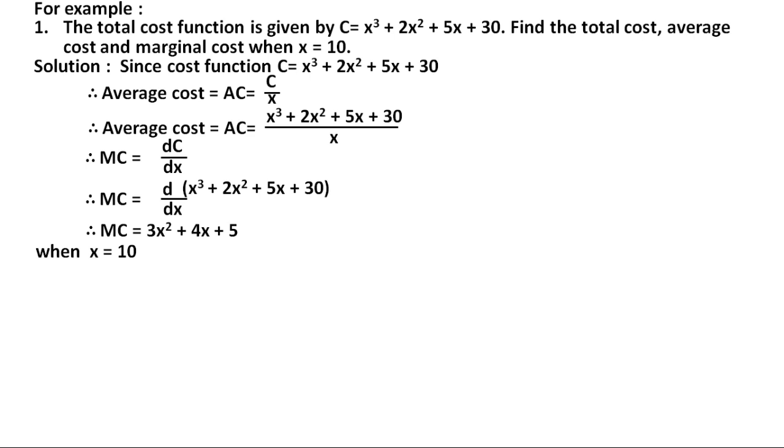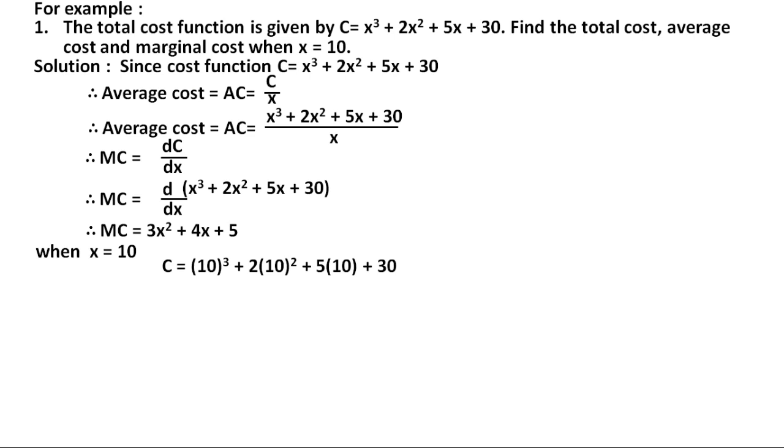When x items are produced, the total cost is, put the value x is equal to 10 in your cost function. Therefore, C is equal to 10 raised to 3 plus 2 into 10 raised to 2 plus 5 into 10 plus 30.